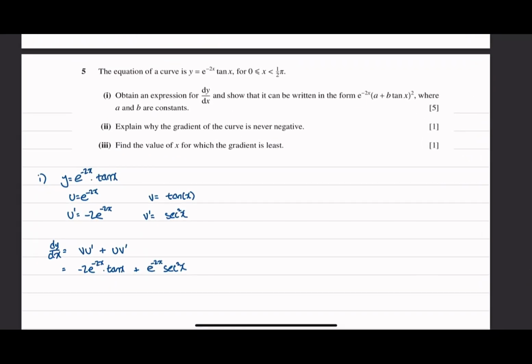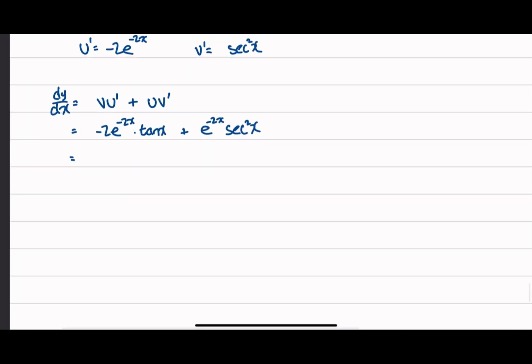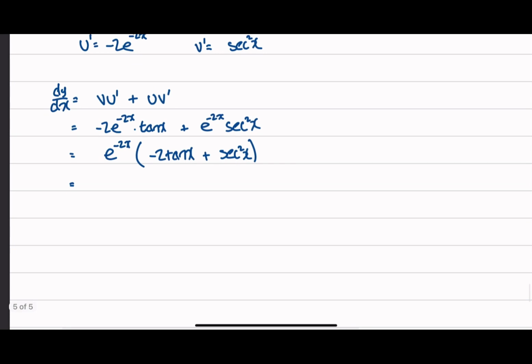Notice that they want e to the power minus 2x to be factorized out, and the answer should be in terms of tan only. So e to the power minus 2x factorized out will leave us with minus 2 tan x plus sec square x inside. The Pythagorean identity tells us that tan square theta plus 1 equals sec square theta.